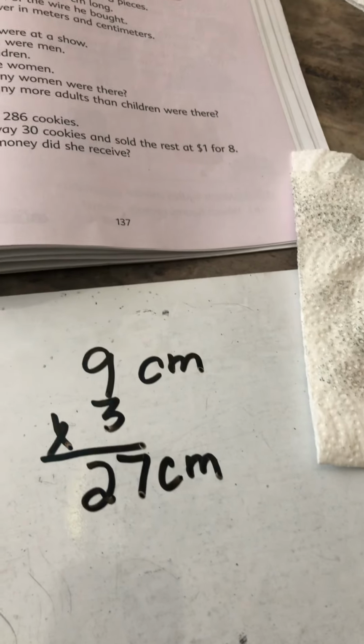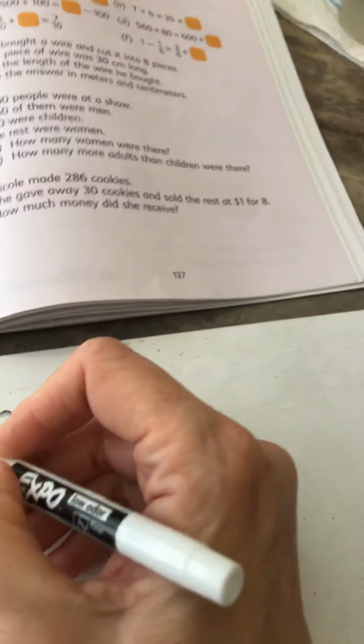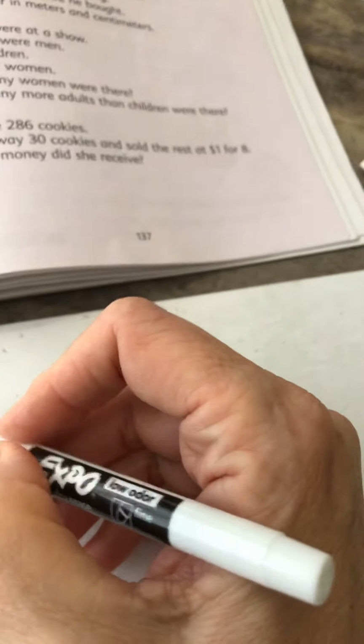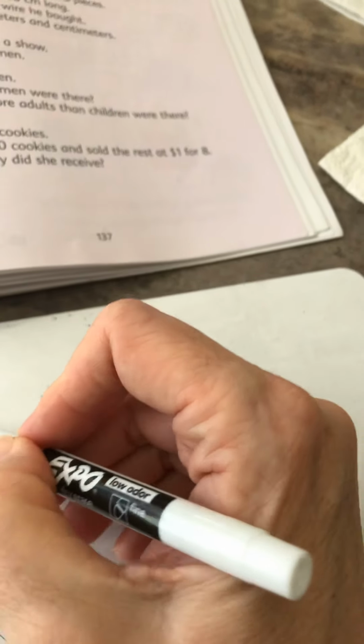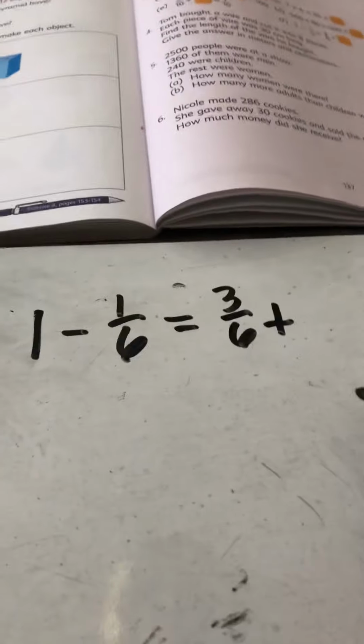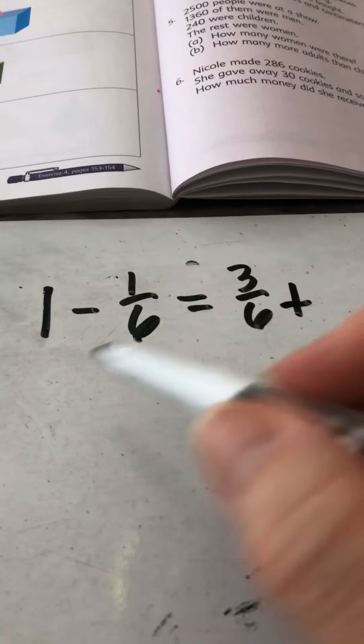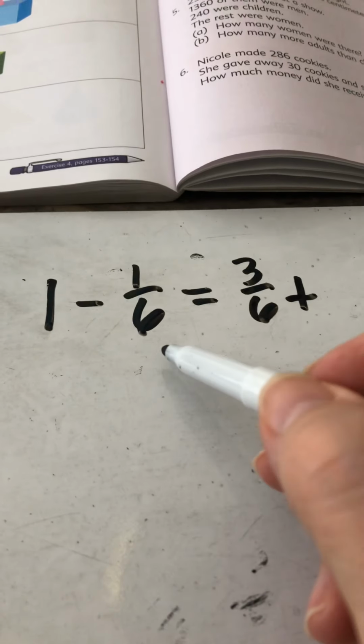27 centimeters. Okay, let me skip down to 3F, and it says 1 minus 1/6 equals 3/6 plus what? Okay, well, remember I said when there's an empty one, do the side that you can do.